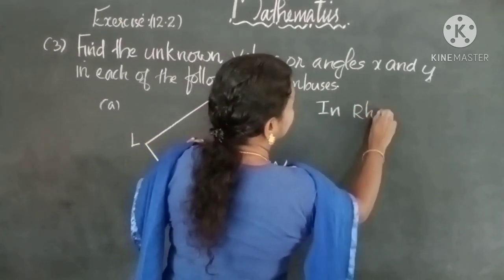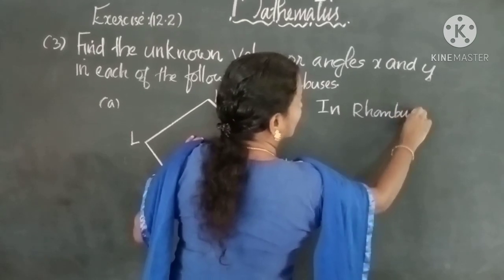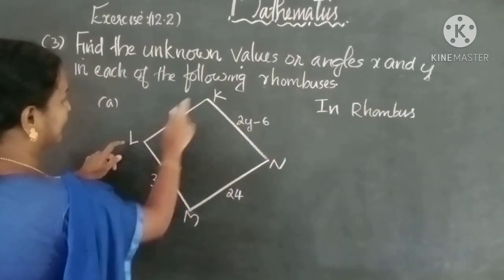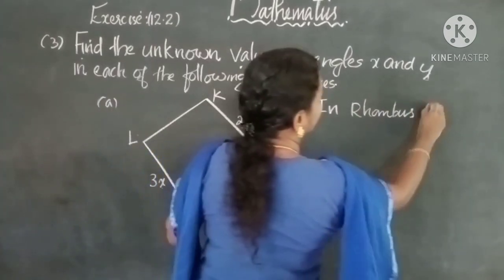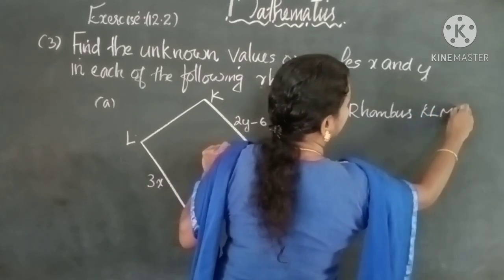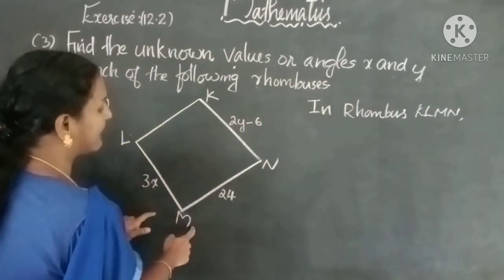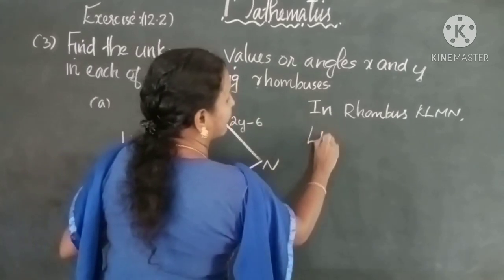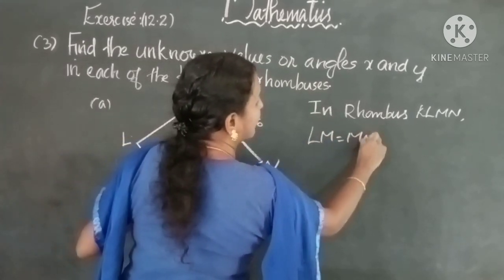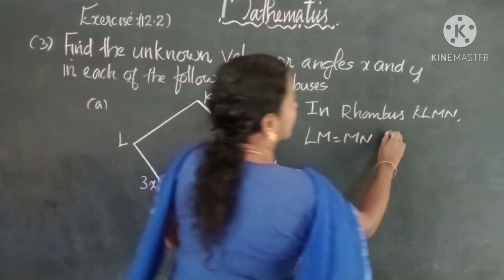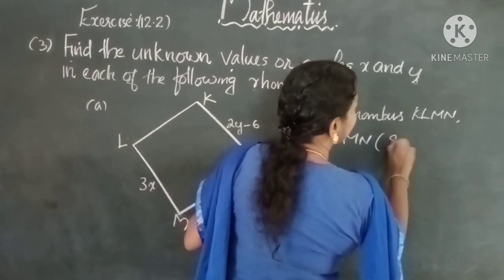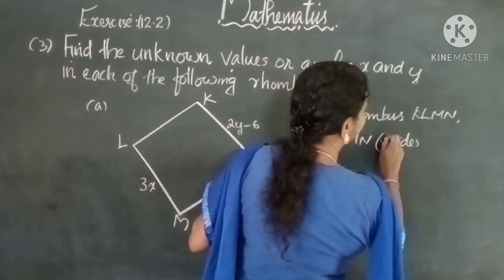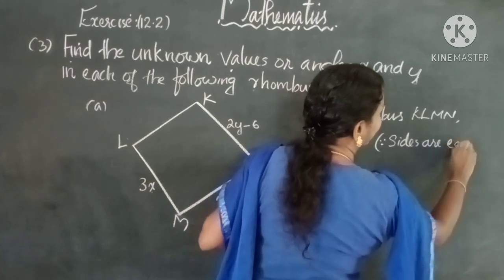In rhombus KLMN, LM and MN are equal. Reason: all sides are equal.